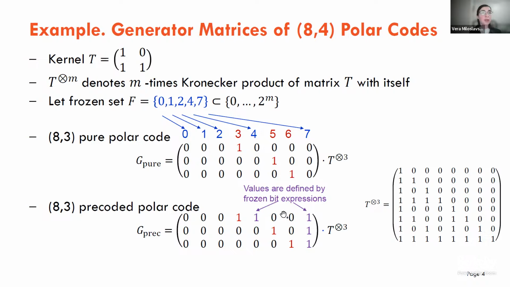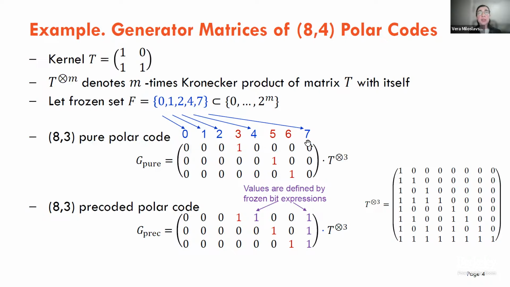In the case of precoded polar codes, we copy some part of the precoding matrix, like those black zeros and red units. The first unit in each row we copy. But then there is some flexibility. Those violet elements can take basically any values, and which values they take is defined by frozen bit expressions.